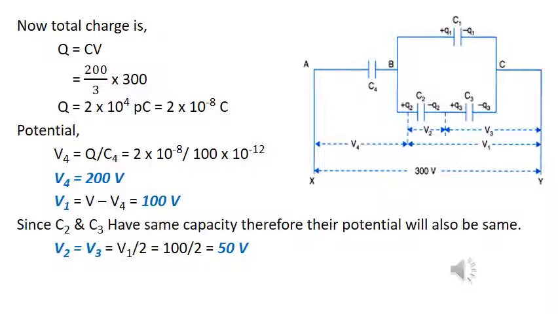As we can see here in the diagram, V4 plus V1 is equal to V. So we can write V1 is equal to V minus V4. By subtracting we get V1 is equal to 100 volt.